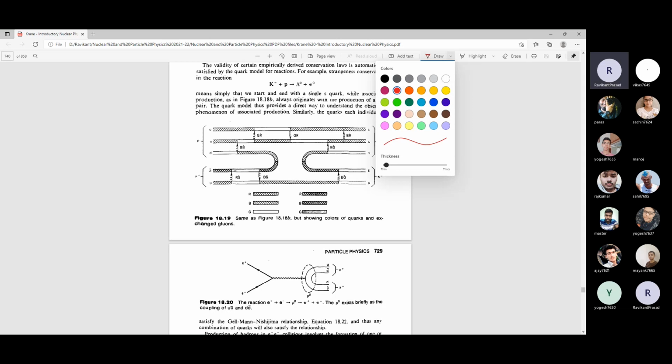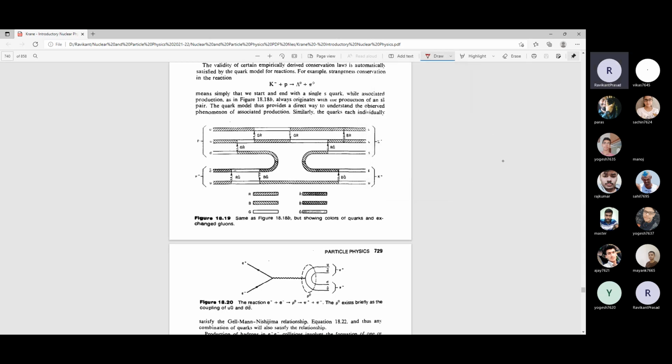Let me write. For example, if we are having any quark and say if it is of red color and it emits a gluon which is of red color and a green anti. Obviously since it is red, it will emit the red color, so the other thing it has will be an anti color, so either it can be blue anti, red anti, or you can have a green anti.